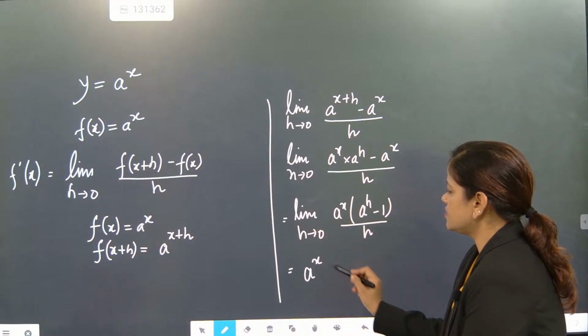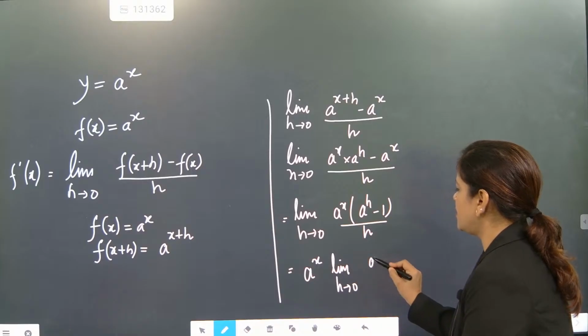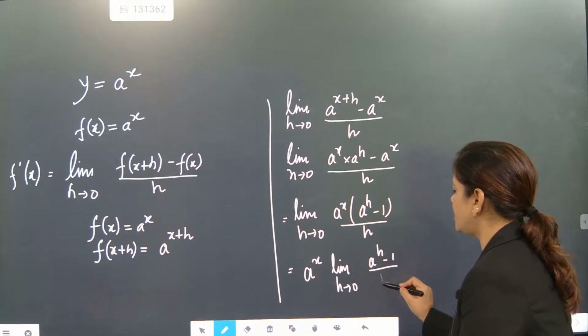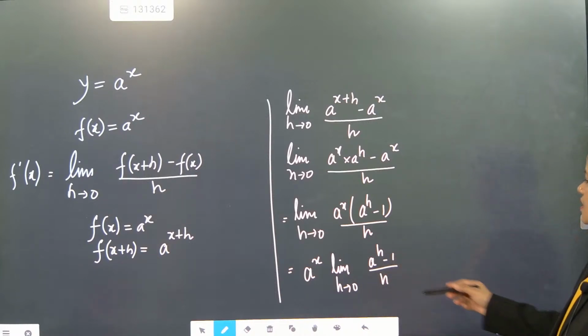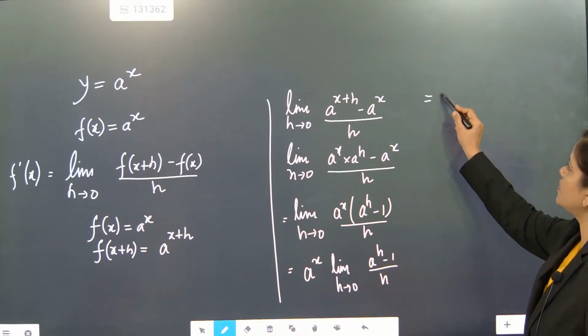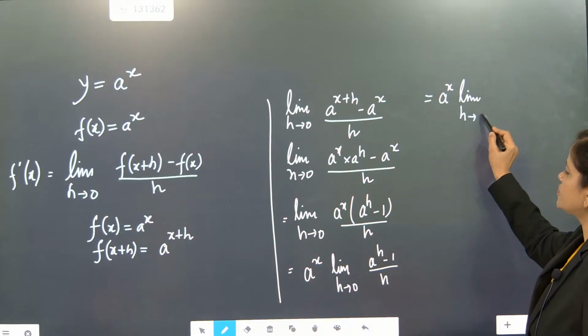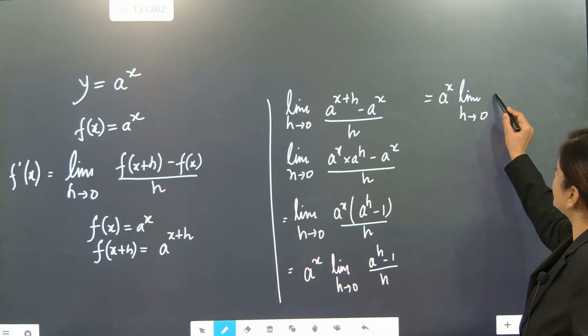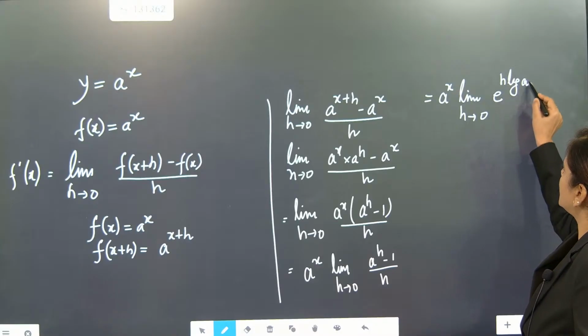The big point is a to the power x is constant. Now our main focus is this part, a to the power h minus 1 by h. Our formula is not this one, so we will convert this. How are we going to convert? a to the power x will be written as it is. Limit h tends to 0, a to the power h will become e to the power h log a.